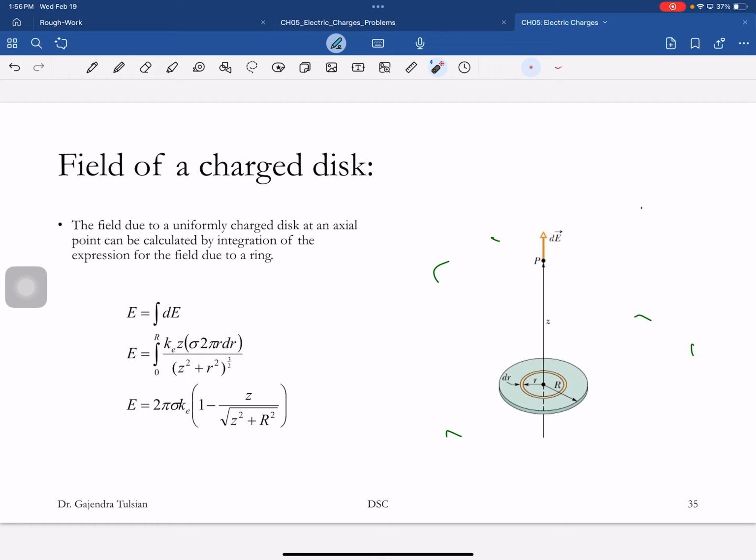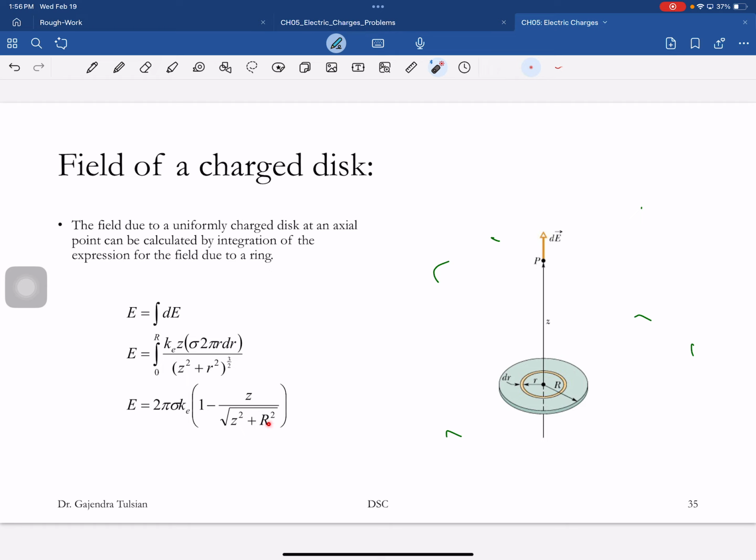All right. On the next page, we'll let the radius go to infinity. So this will be an infinite sheet charged uniformly with charge. We'll find the electric field there.